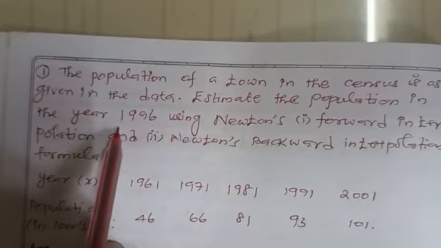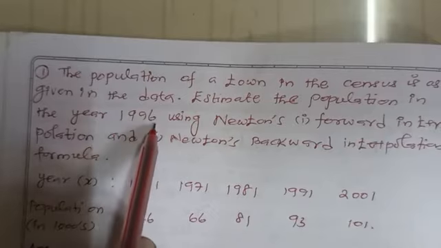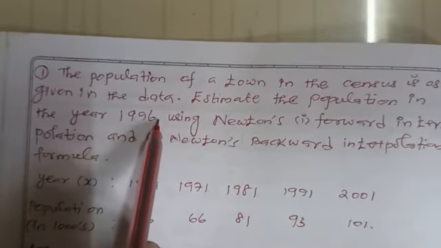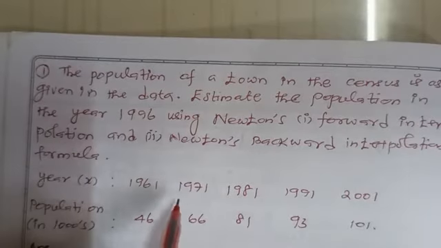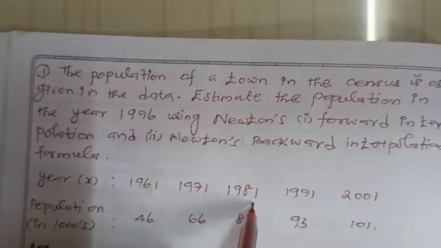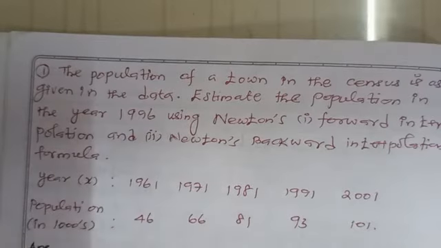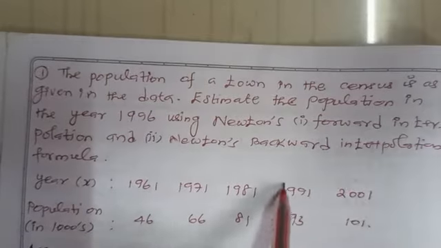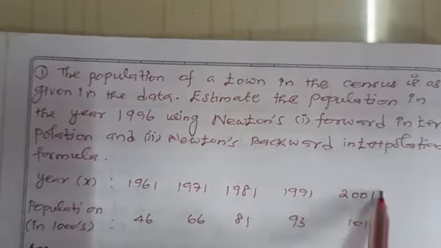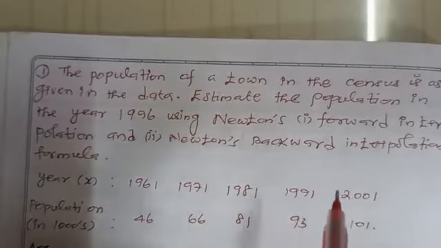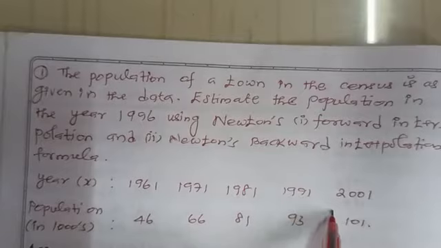Here 1996. Is 1996 nearer to the beginning of the tabular column or the end of the tabular column? End of the tabular column. 1996 is near the end of the tabular column, so we have to use which method?